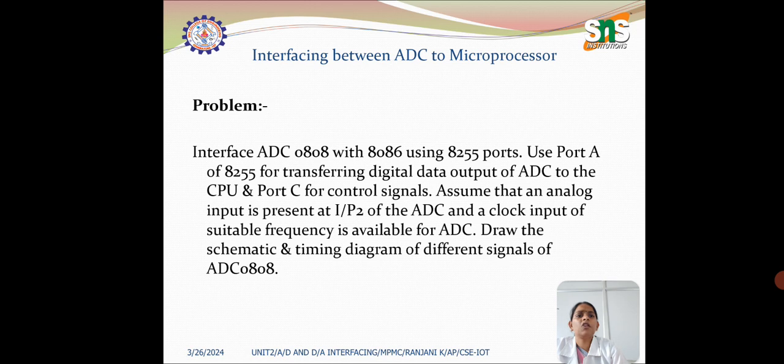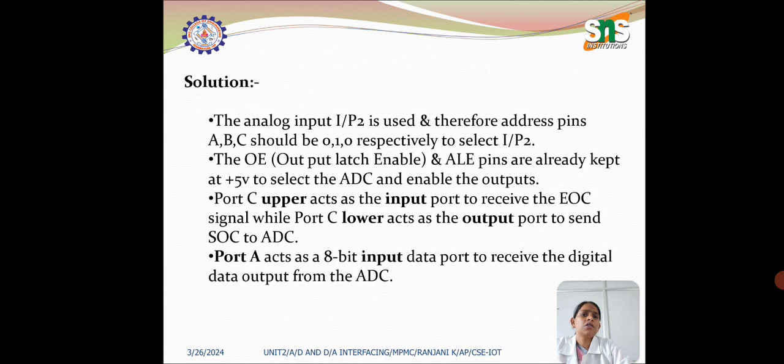Assume that an analog input is present at IN2 of the ADC and a clock input of suitable frequency is available for the ADC. Draw a schematic and the timing diagram of the different signals of ADC 0808. For the solution, the analog input IN2 is used, therefore the address pins ABC should be 0, 1, 0 respectively to select IN2, as per the analog input table.